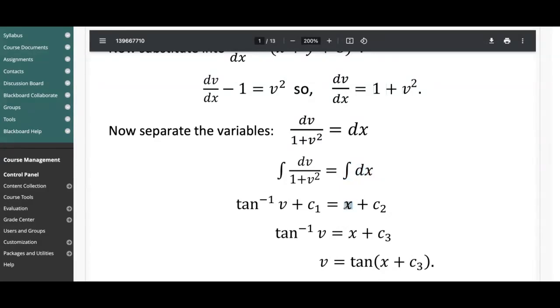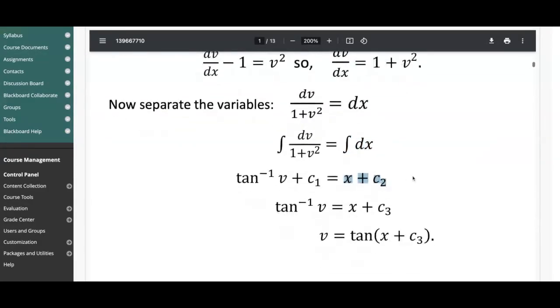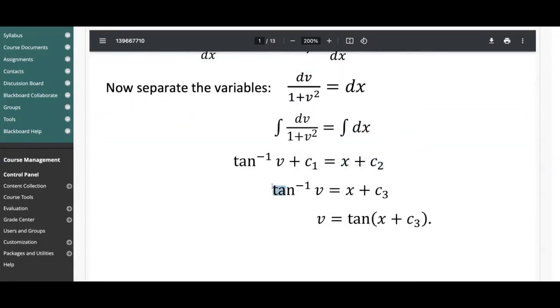Integrating 1 is just x plus a constant. So arctangent of v equals x plus some constant, then v is the tangent of x plus some constant.